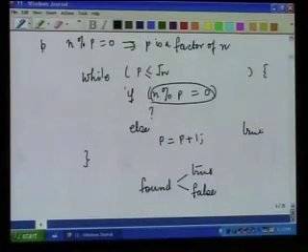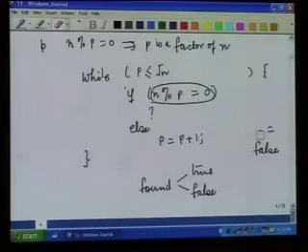So found will be initialized to false, and will become true as soon as we find one factor of n. So therefore, it should be set to true whenever we find that n percent p has become equal to 0.